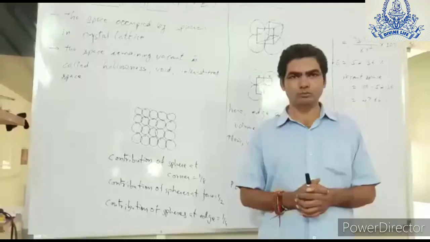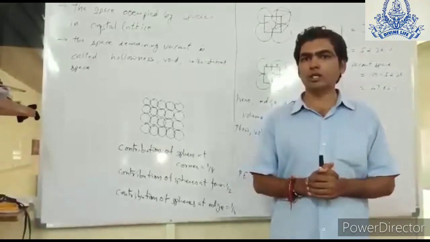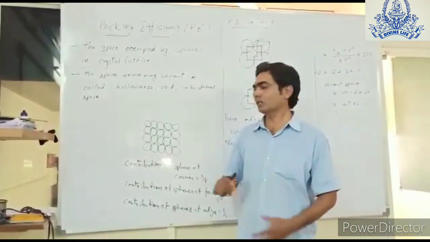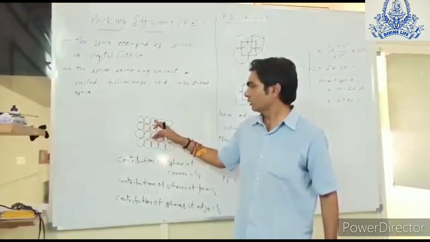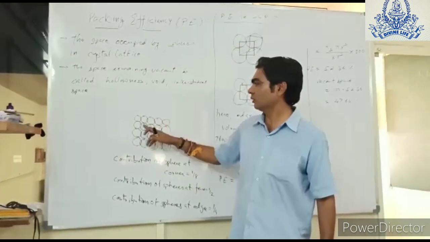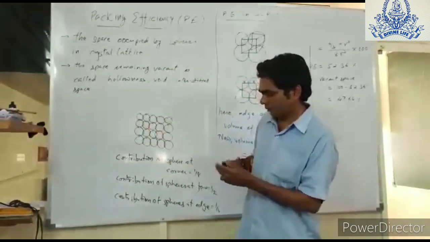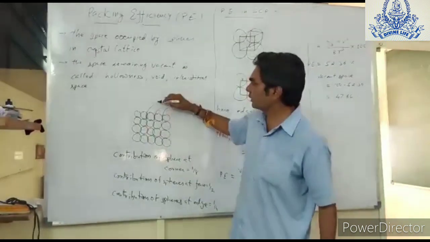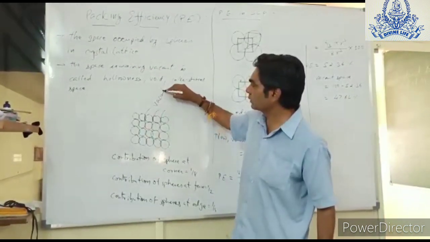Thank you. So we are going to start with packing efficiency. Packing efficiency means when spheres are arranged in a crystal cube, some voids are seen, which is vacant space.